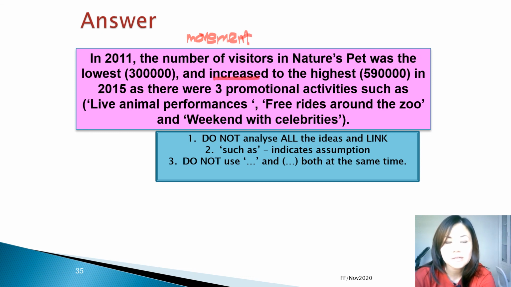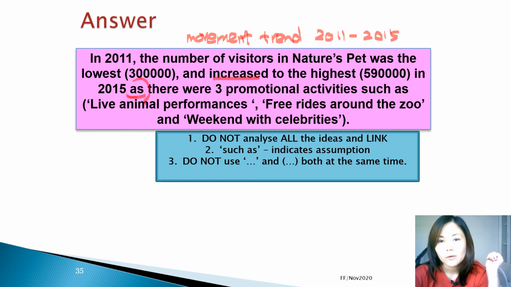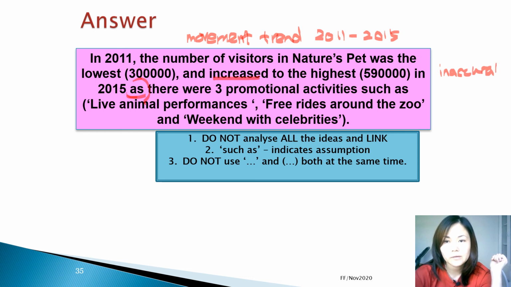The word increase here, you are actually making an assumption that whatever happens between 2011 to 2015 was because of the promotional activity, because you use the word as to link. So when you do that, that is considered inaccurate. Because I have told you earlier, whatever happened from 2011 to 2014 has nothing to do with the promotional activity. So if you link it this way, you are making an assumption.